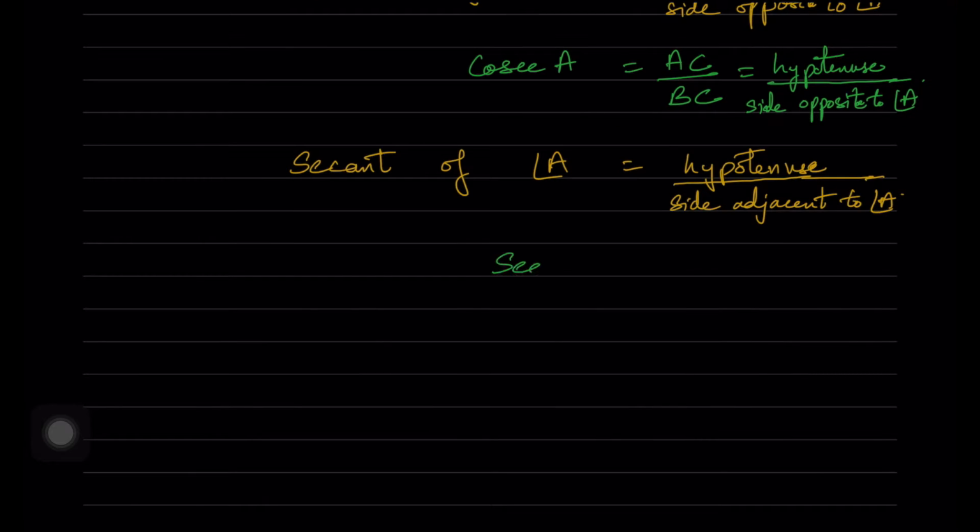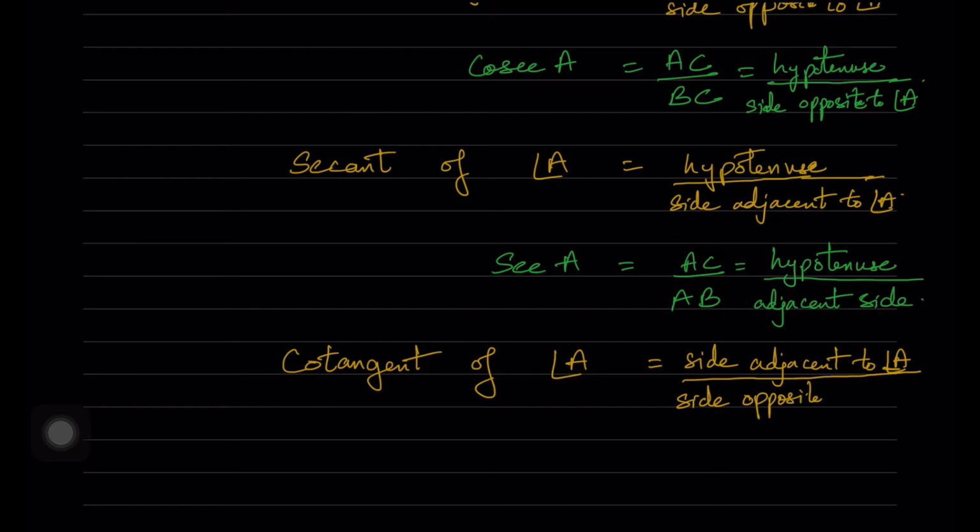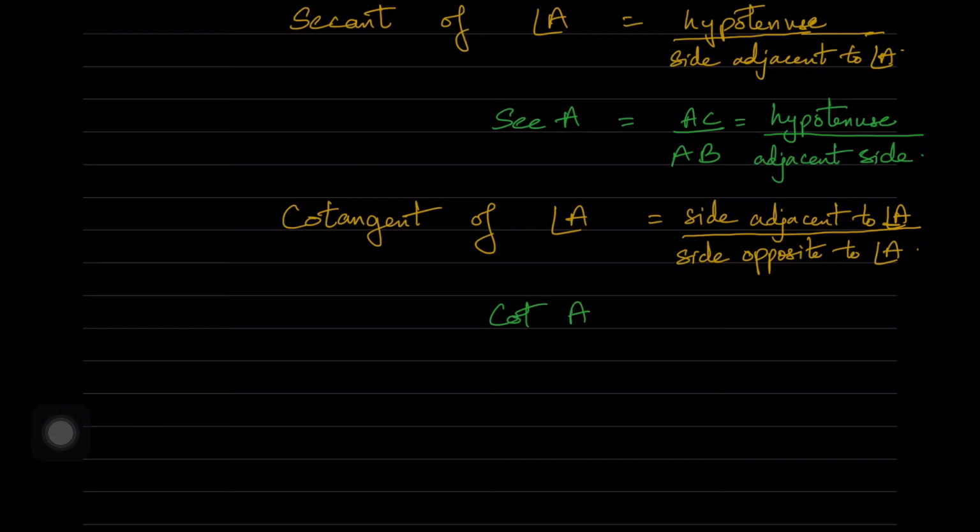If you understand it and remember, it's better than learning repeatedly. So AC by AB is equal to sec A, which is hypotenuse by adjacent side. Last, we have cotangent of angle A, which is equal to the side adjacent to angle A by the side opposite to angle A. So cot A is equal to AB by BC, which is adjacent side by opposite side.